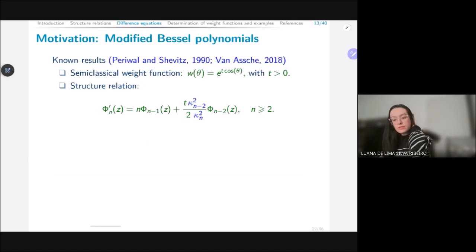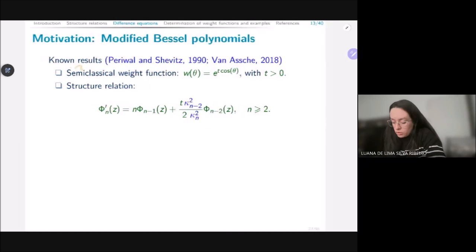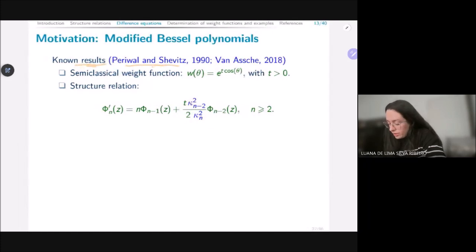The motivation for this work comes from the modified Bessel polynomials. So here I'm going to talk about known results that can be found here and also in the book of Ismail. So this weight function is well known to satisfy this recurrence relation, where this quantity here can be expressed in terms of the Verblunsky polynomials.